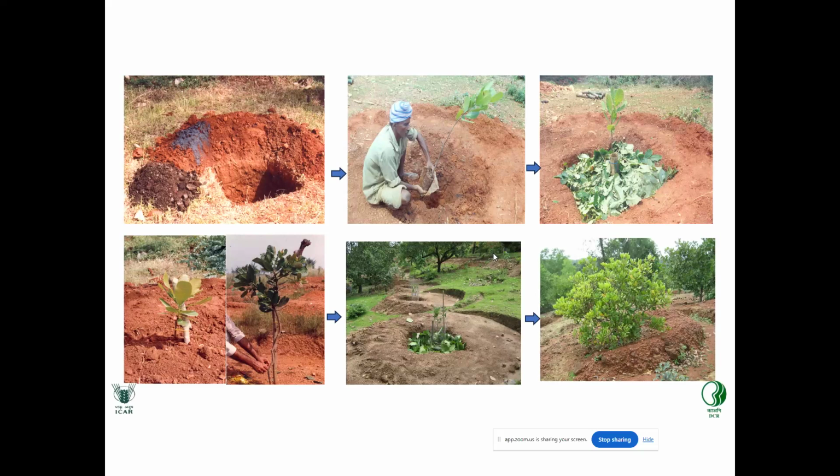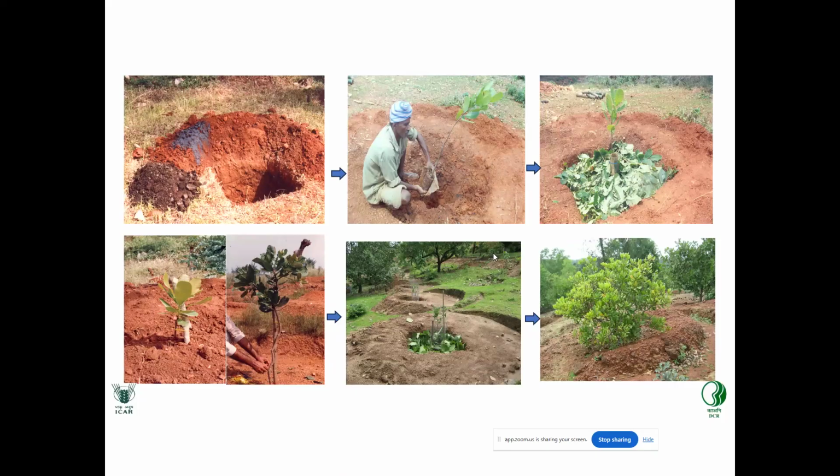Or else, on sloping structure in coastal areas, what farmers are doing is that we have to dig out a pit size of 1 meter by 1 meter by 1 meter, and 15 to 20 days before planting we have to open the pit and leave it for soil solarization, so that the soil borne pathogens available in the soil will be killed by the solar power, the sunshine.